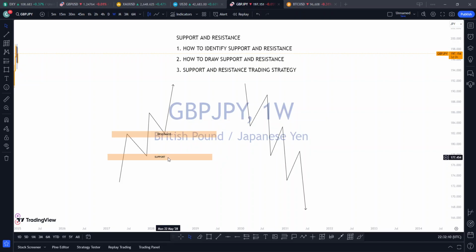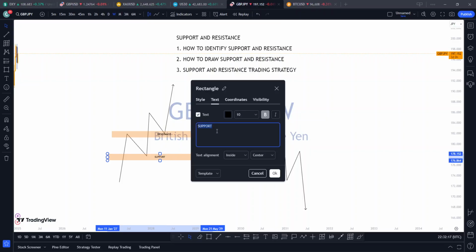For better understanding, you can also call support the floor.